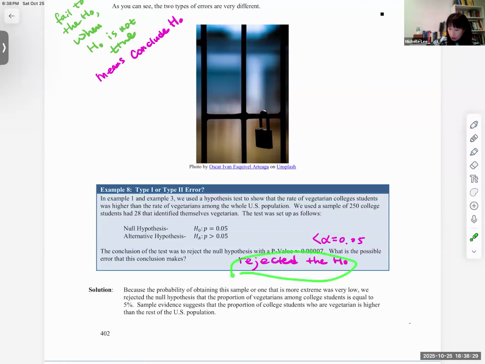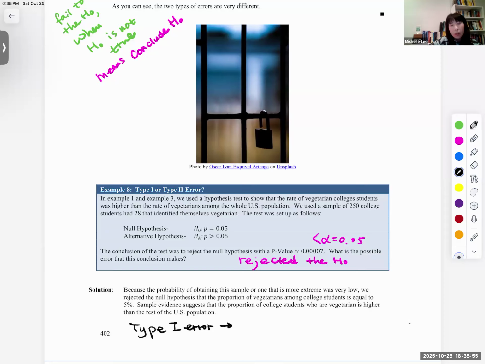There's strong evidence to support the alternative hypothesis, but what possible error can we make? We can make a type 1 error. That is rejecting the null hypothesis when the null hypothesis is true, right?